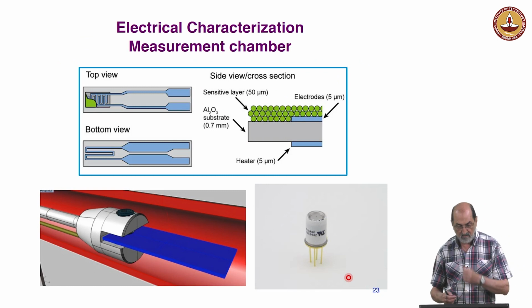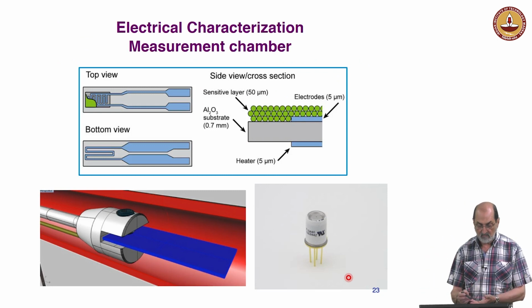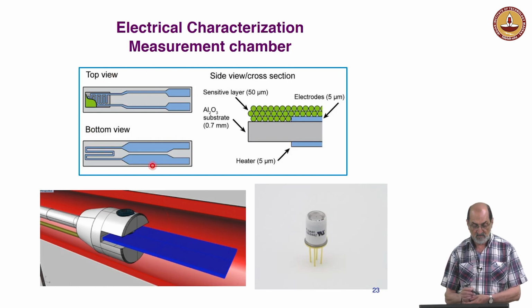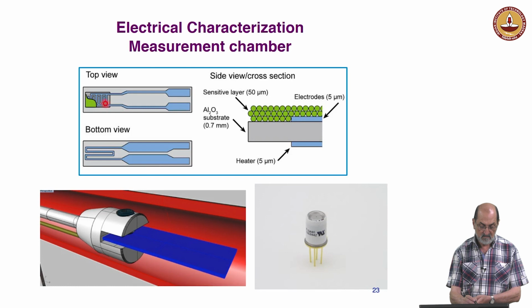Well, this is a typical commercial sensor. The sensor is on one side, this green stuff is supposed to be the sensor. We have interdigitated contacts on one side, and on the other side they build a resistance for heating.